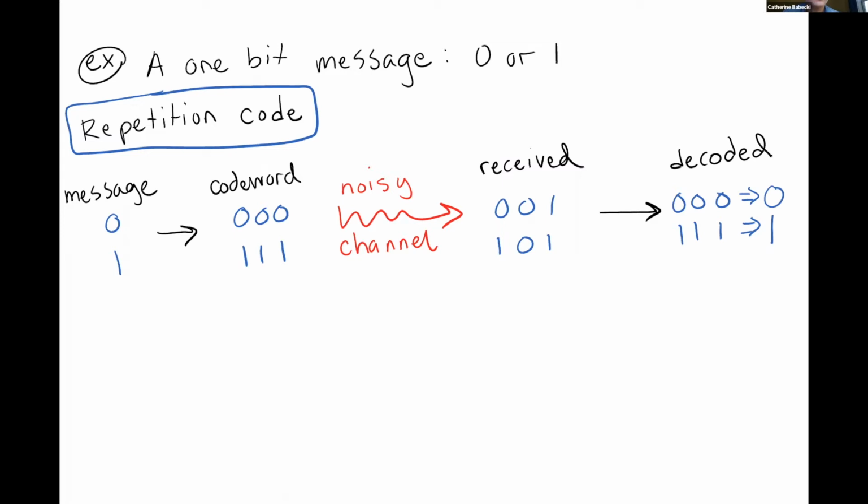Well, we know the message had to be either a 0 or a 1 because we've designated that our code words are only the possibilities that we've just got this triple. So it would make sense to decode this received message by picking the all zeros or all ones vector, depending on which is closest, like which matches up on the most digits. If we receive 0 0 1, we would decode that as 0 0 0 because we were only off by 1 bit, which means our initial message should have been just a 0.